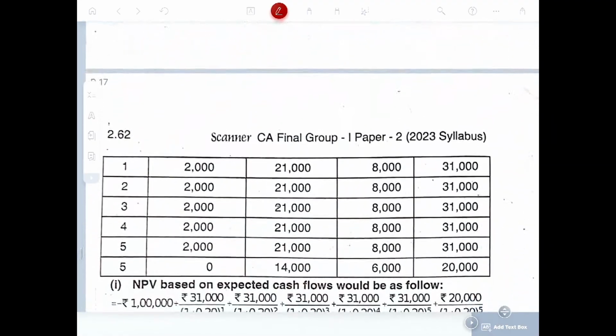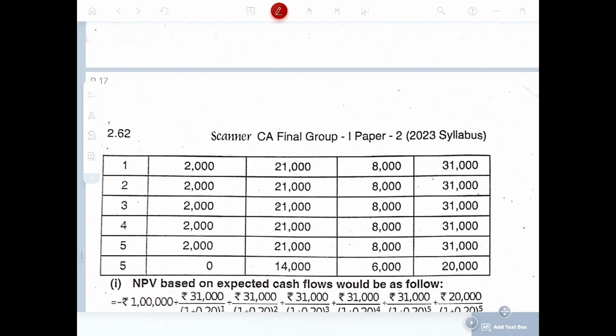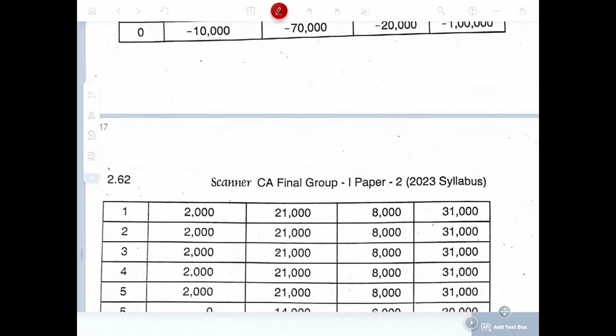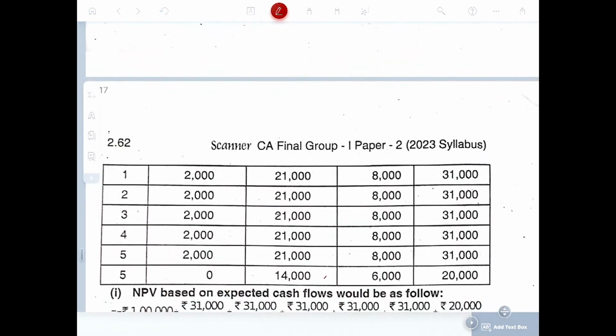So the net present value is 14,000, 6,000 total, and 20,000 is the net present value.